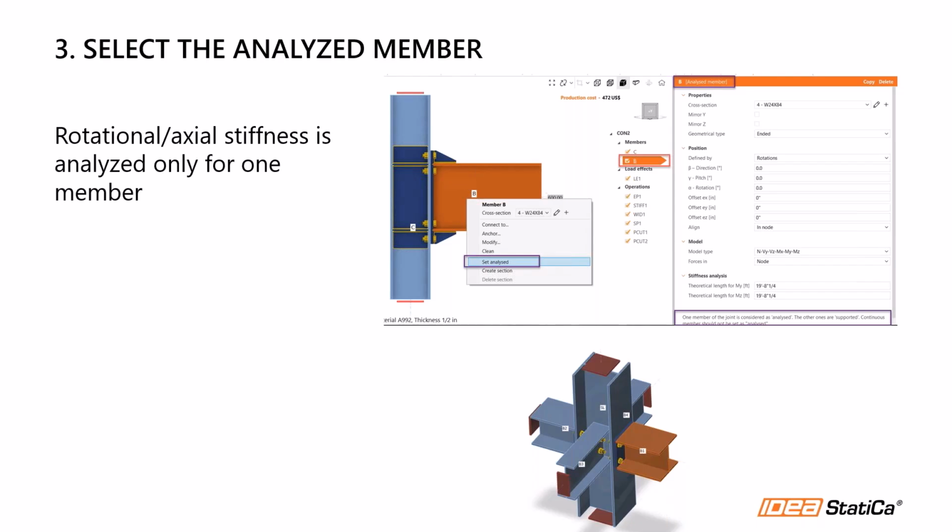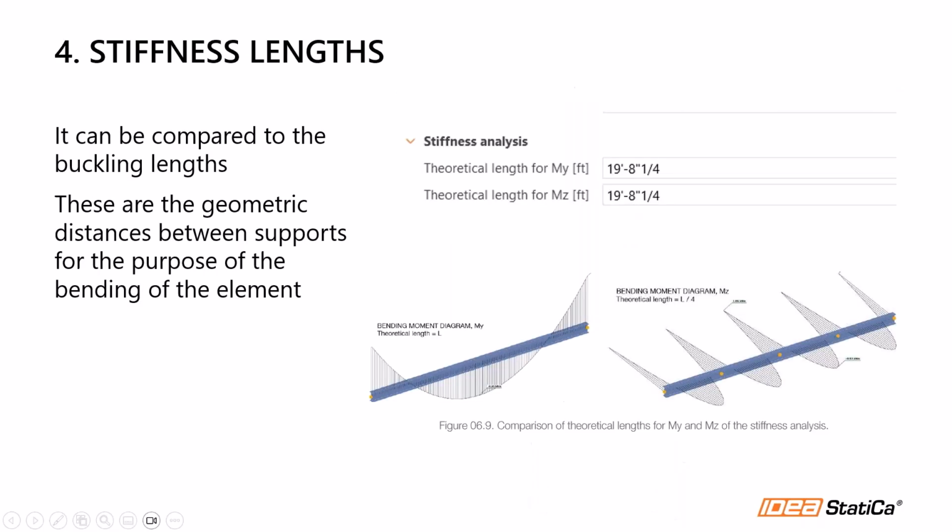Behind the scenes, we do many analysis types. It would be just too long, for instance, if you have this type of joint, to do the analysis for all the members at the same time. So that's why we need to set up which one is your analyzed member. And if that is the case where you have many members in one joint, all the other members are fixed, so they are like rigid. So we're just focusing on the stiffness from this member to the column. So third step, select the analyzed member.